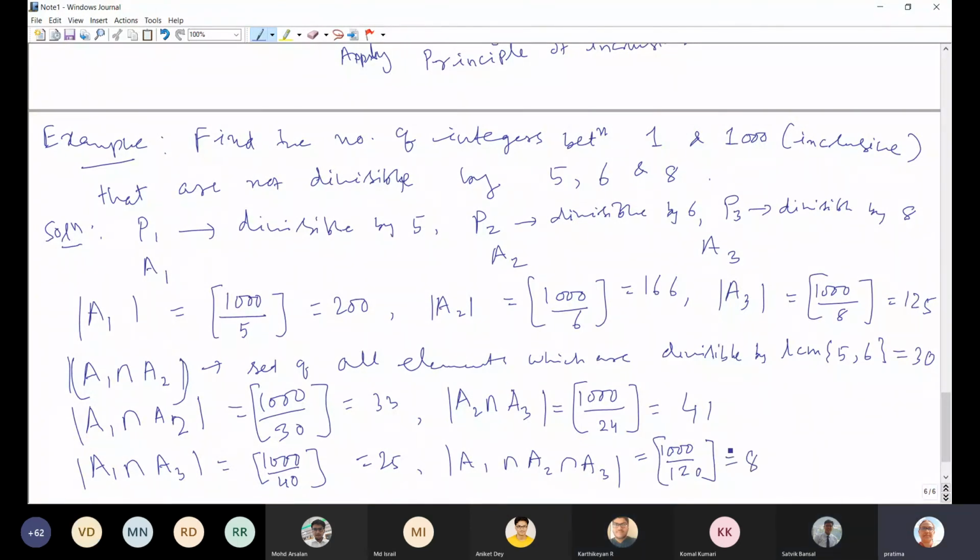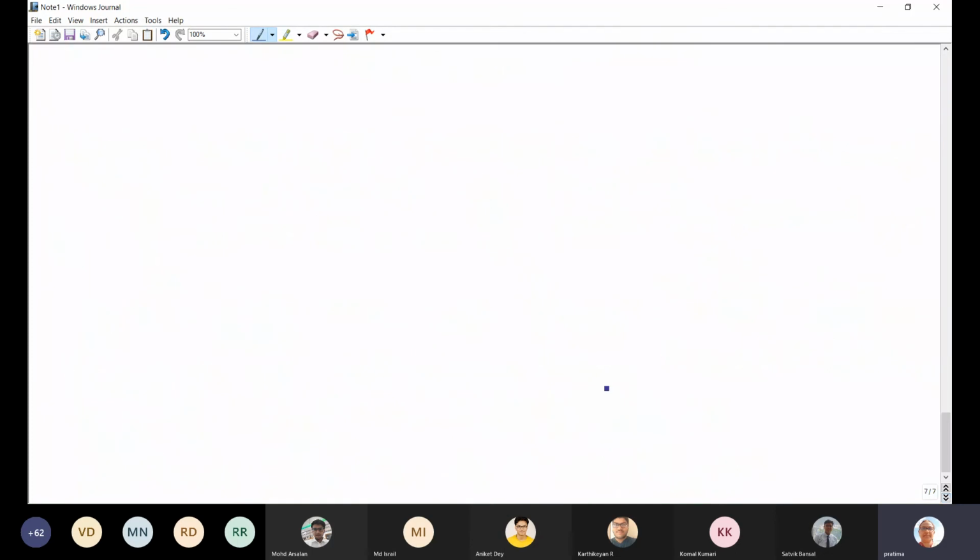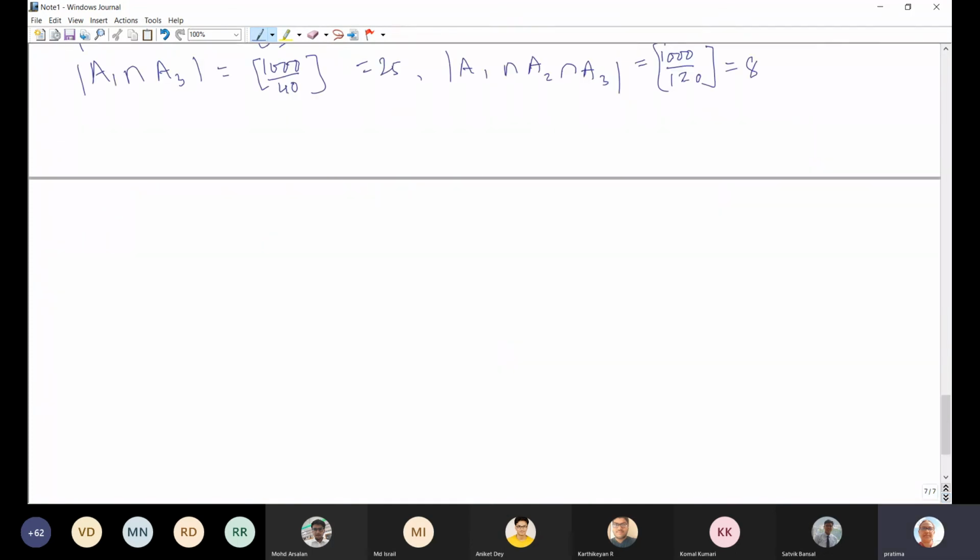Okay. So now all these numbers we have determined, and we'll apply this principle of inclusion and exclusion and get your answer. Now you have to substitute all these numbers: A1 complement intersection A2 complement intersection A3 complement.